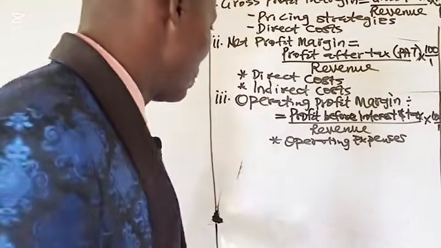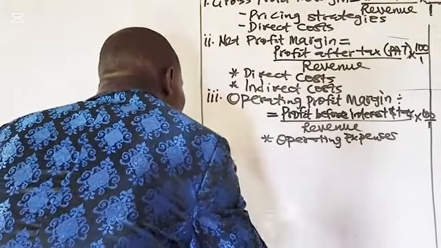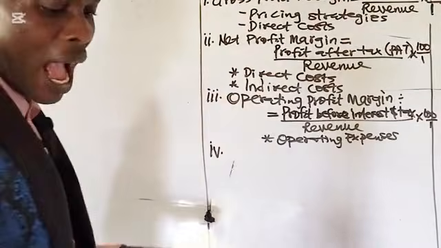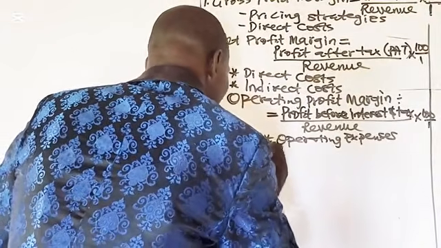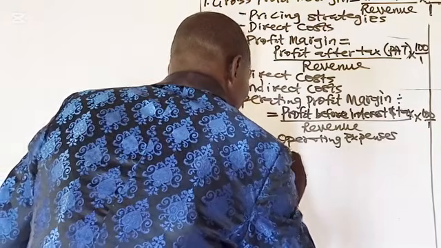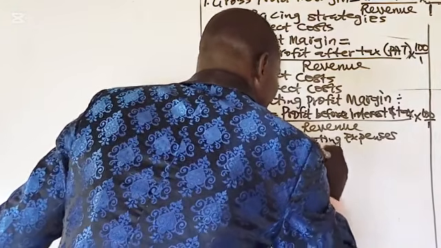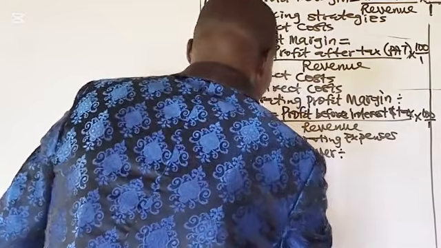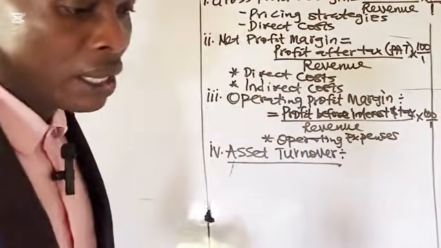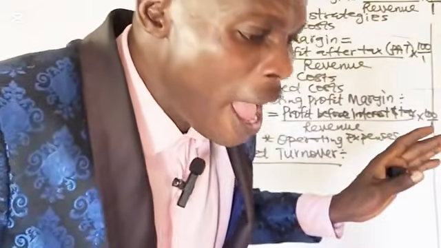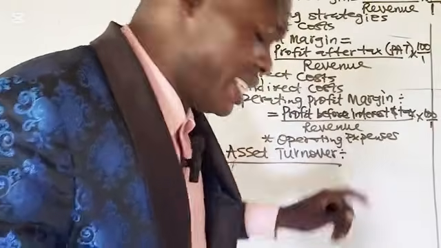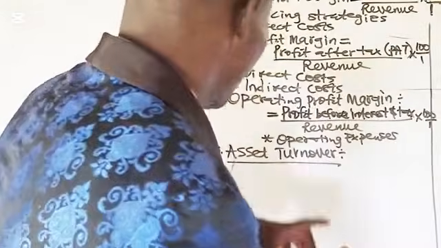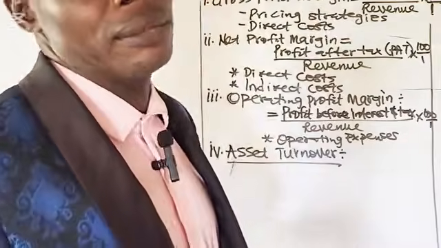Number 4 ratio I will consider is net assets turnover, or let me just say assets turnover. These ratios indicate how efficient the entity is in utilization of their assets.